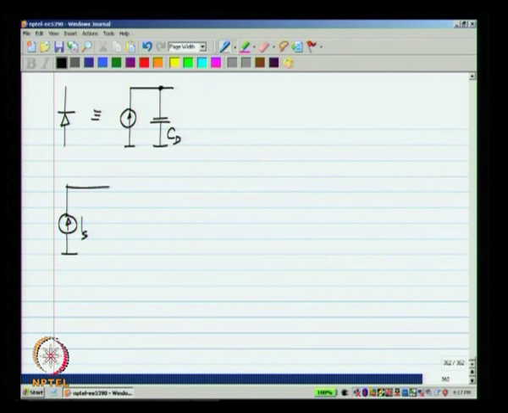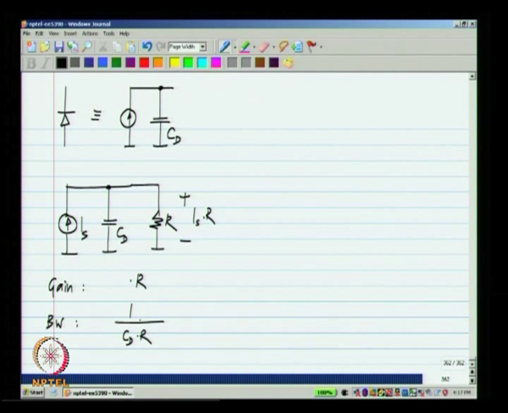If this is I s, C D, and I have a resistance R, the output voltage is I s times R. The gain of the circuit is R and the bandwidth of the circuit is 1 over C D times R.